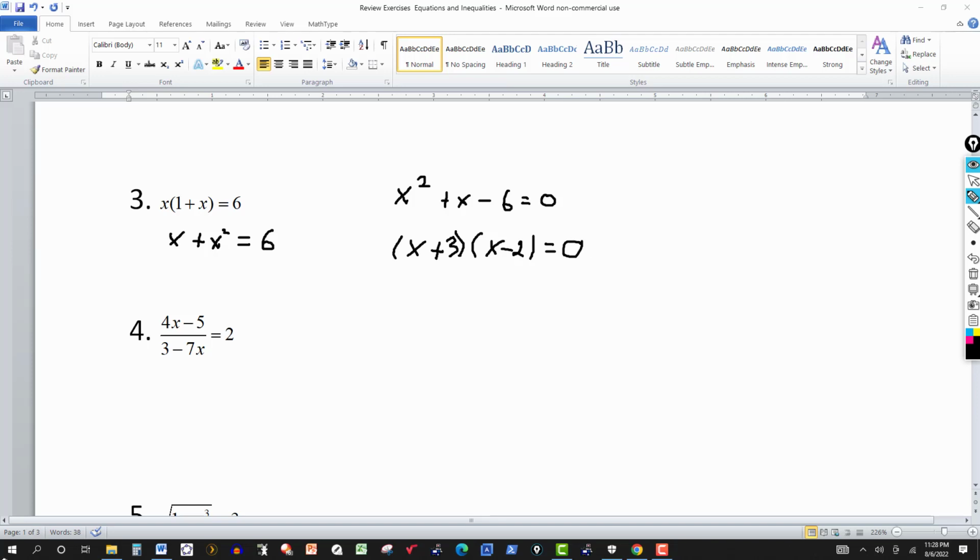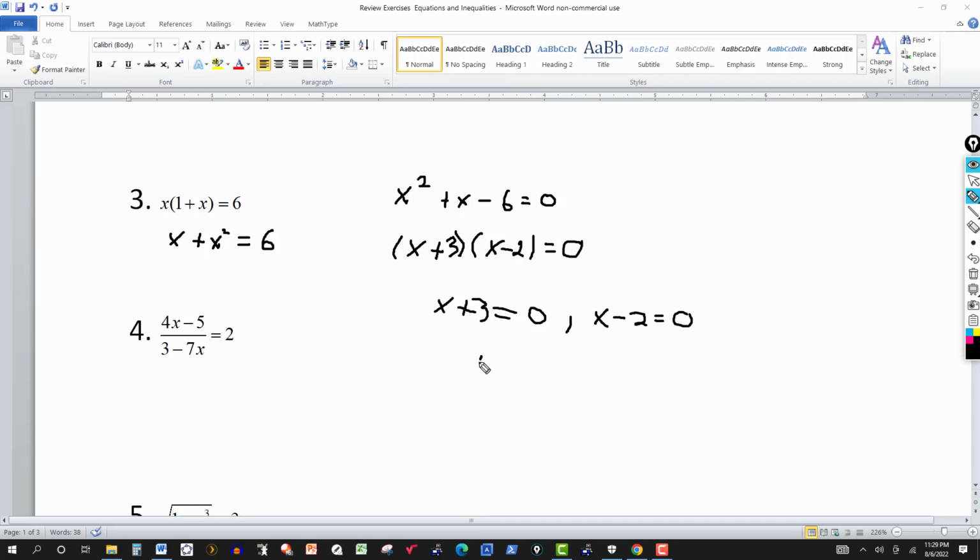Once you have it factored out, we know that the product of two numbers is 0. That means either one factor is 0 or they're both 0. So we simply set each factor equal to 0. x plus 3 can be 0, or x minus 2 can be 0.